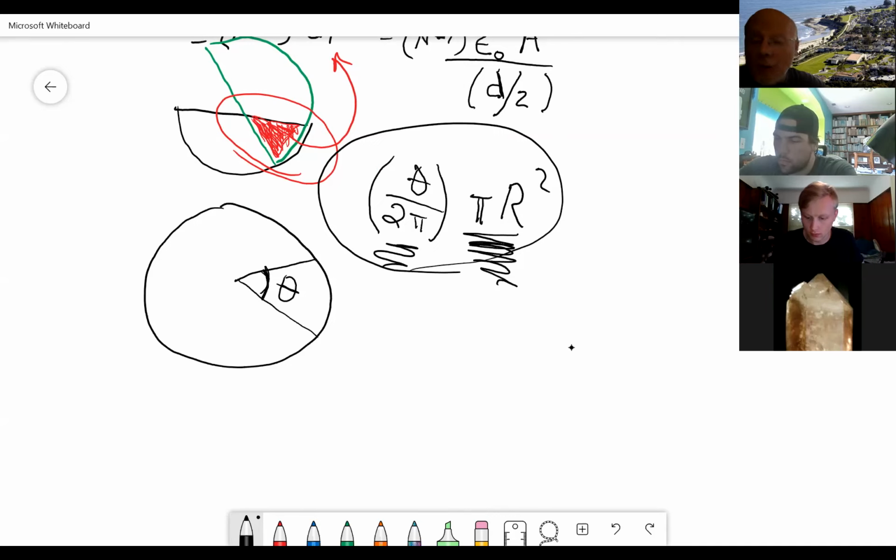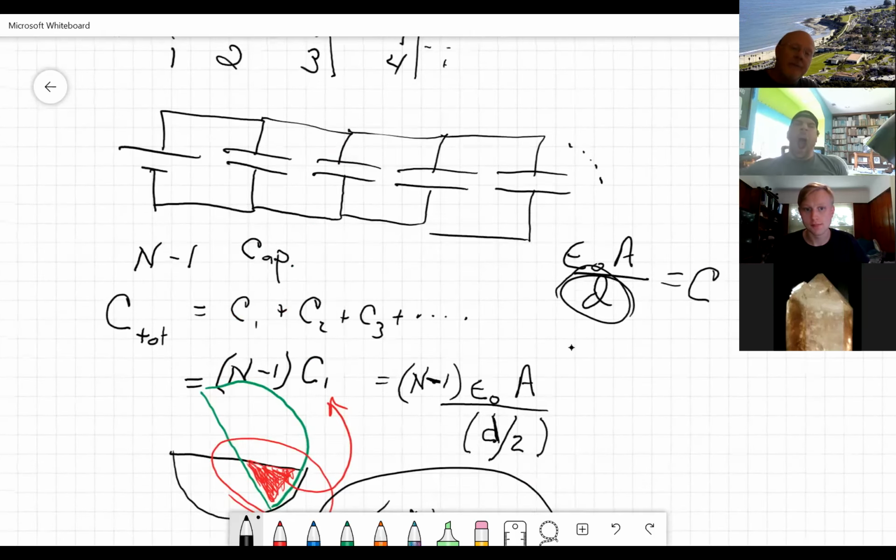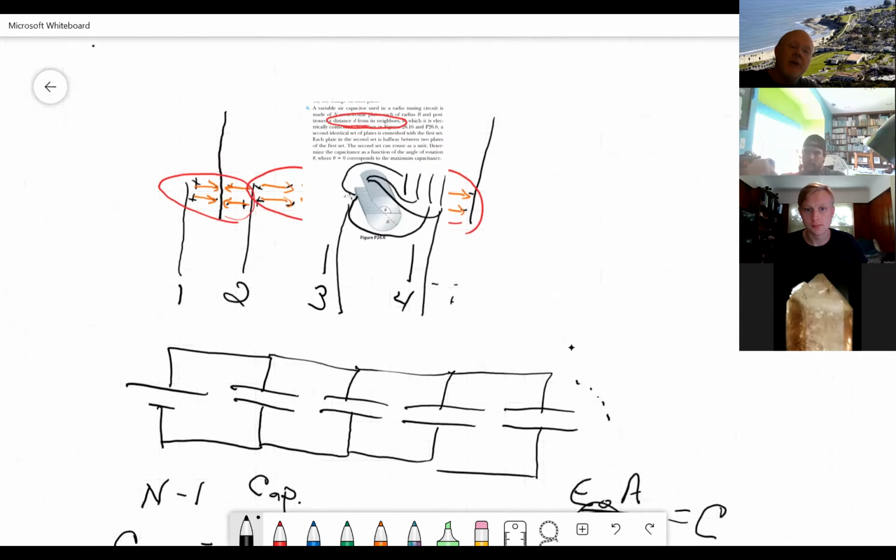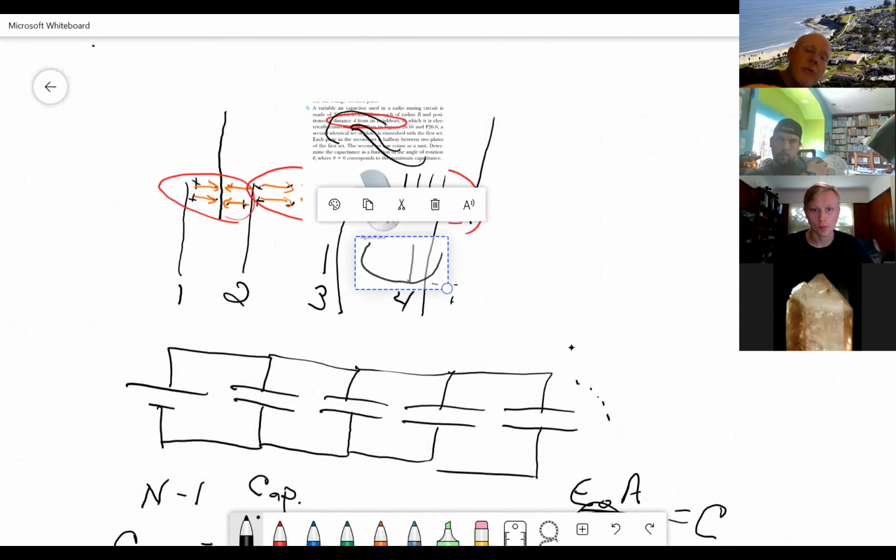However, here's where I want to be careful again, because I was just trying to show you some math. Let's come back and look at our picture, because your author's picture of theta is not what I drew.